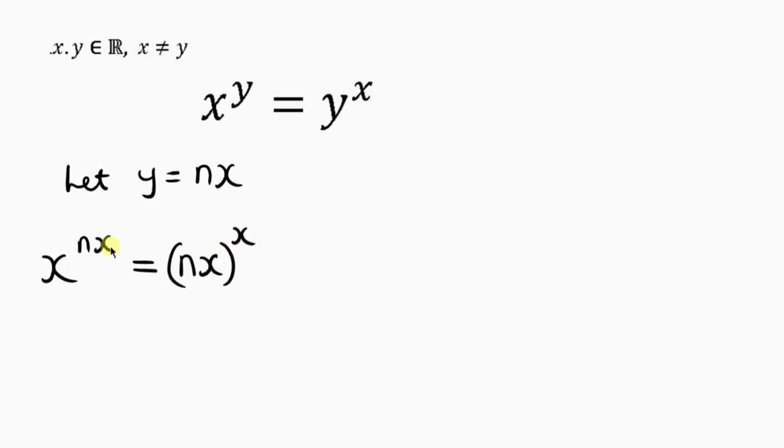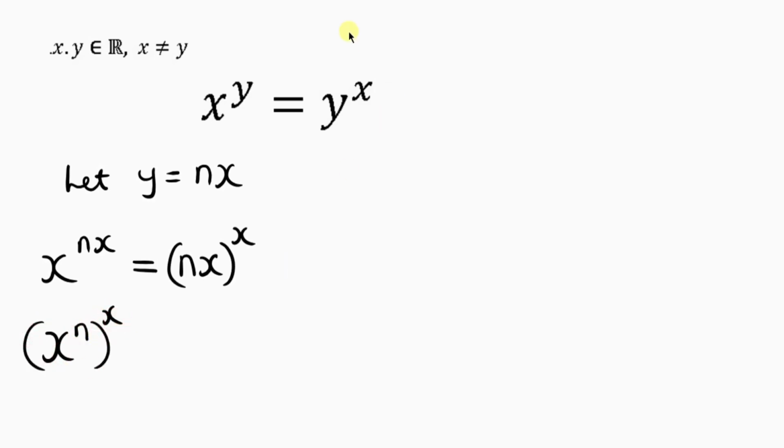Now I want what is on the left to look exactly like what I have on the right. This one is having a power of x, right? So we can do this one to resemble what I have here by writing it like this: x to power n raised to power x.